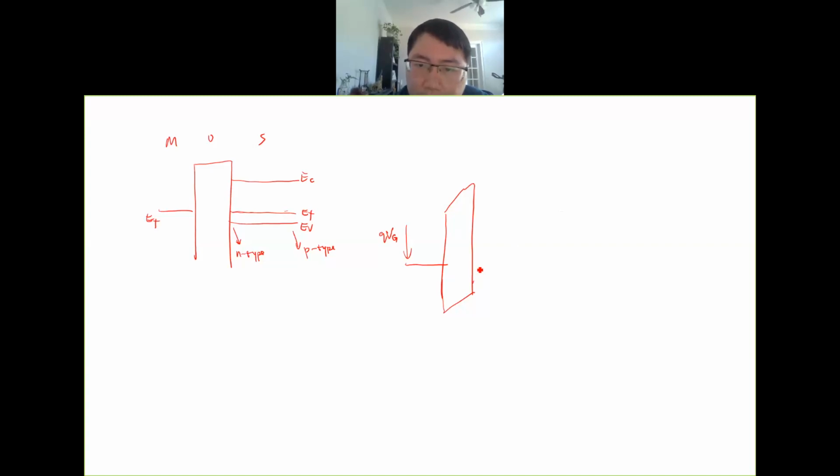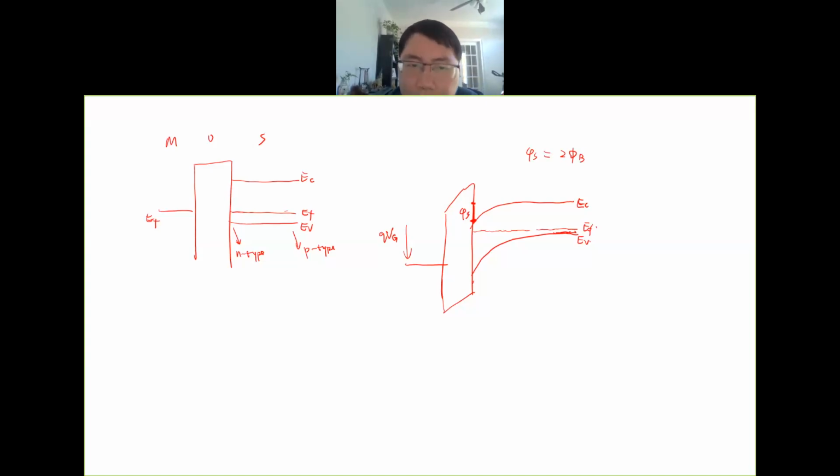Within the semiconductor, you still have a single Fermi level here. At the threshold condition, the surface potential, which is the band bending at the surface, this is phi_s, equals 2 phi_b.